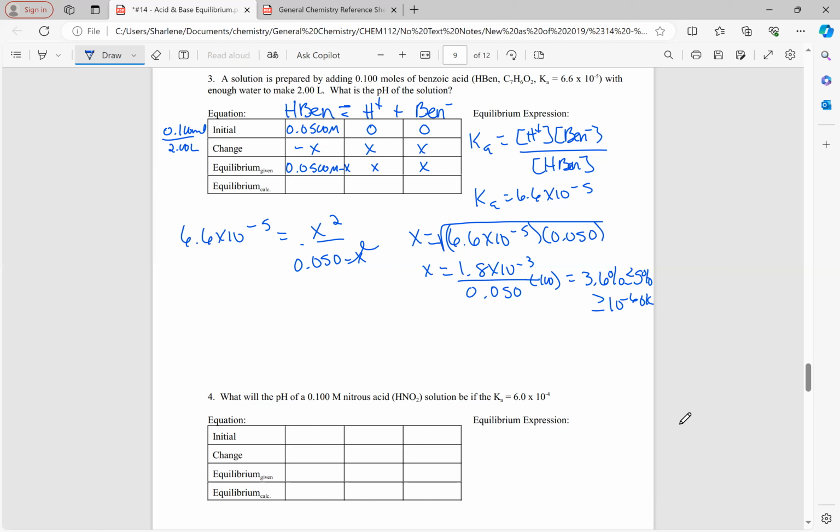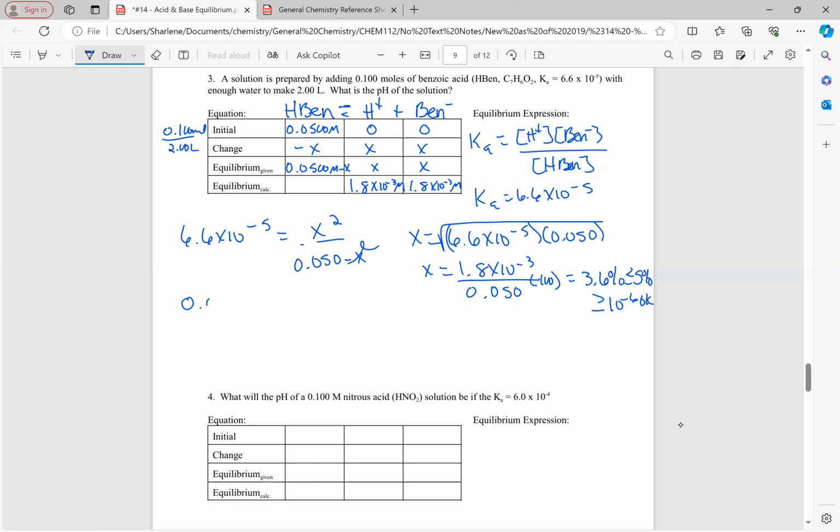All right, let's plug that in. X is 1.8 times 10 to the minus 3, and 1.8 times 10 to the minus 3. Don't forget your units. Now, some problems eventually are going to be not just x, so don't just get comfortable plugging that in. The only reason I'm doing that is because the proton concentration and the benzoate concentration are x in this case.